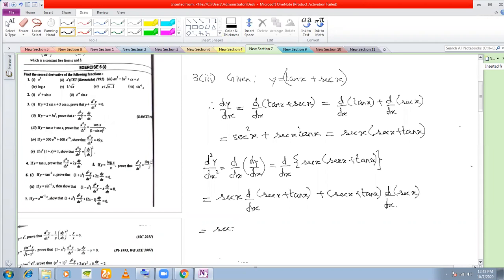So this becomes sec x, and d/dx of (sec x plus tan x): d/dx sec x is sec x tan x and d/dx tan x is sec square x, plus again d/dx of sec x is sec x tan x into (sec x plus tan x).